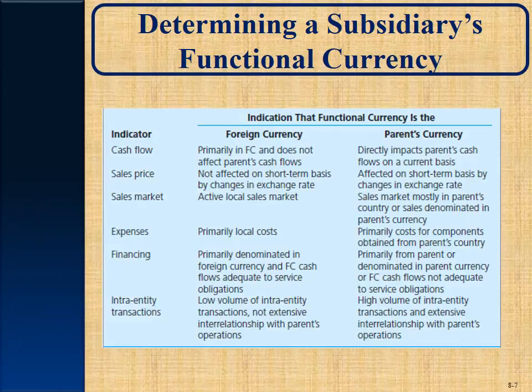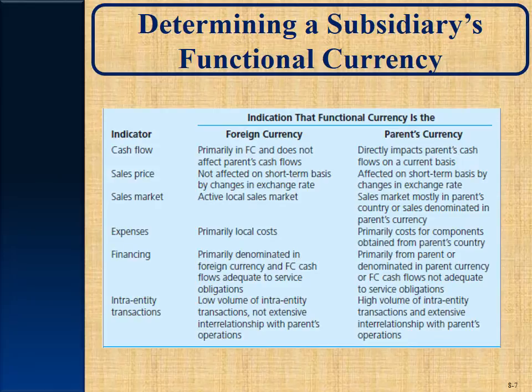Now these are some of the indicators we look at. So an auditor would look at it from their perspective also. If the cash flow is primarily in the foreign currency and doesn't affect the parent's cash flow, that's a foreign currency. If it directly impacts the parent's cash flows on a current basis, then it's the parent's currency.